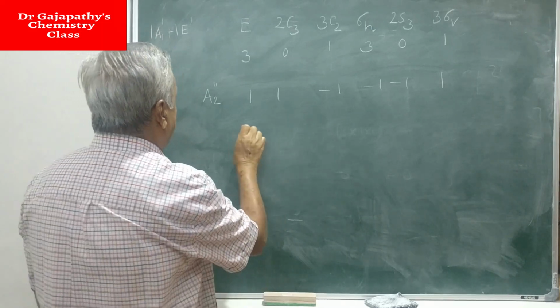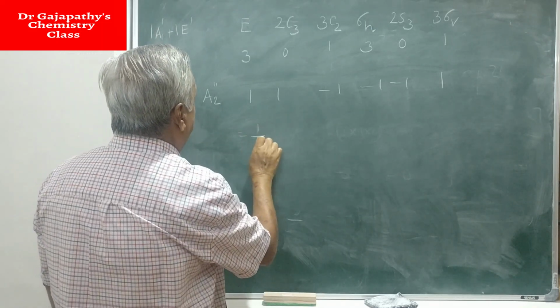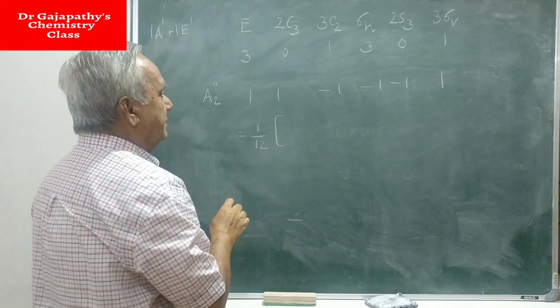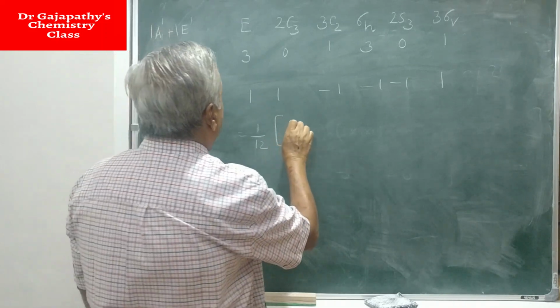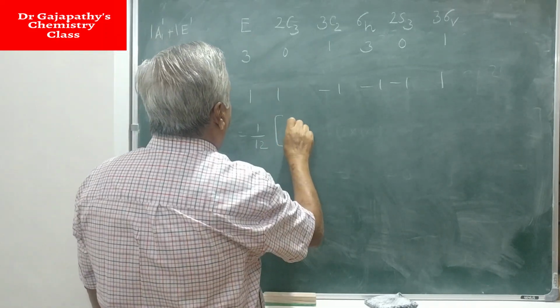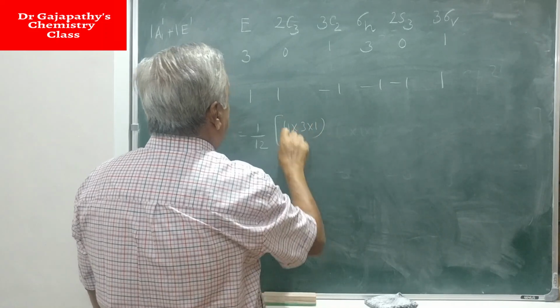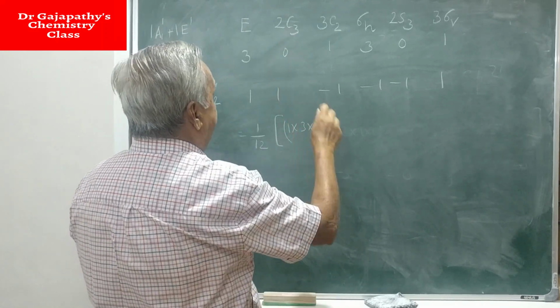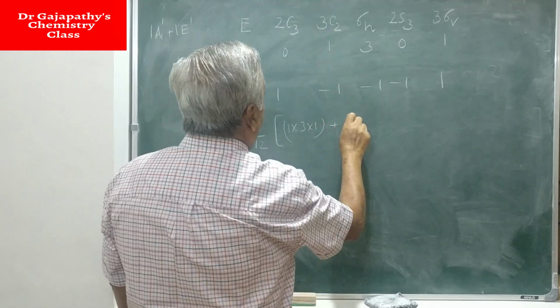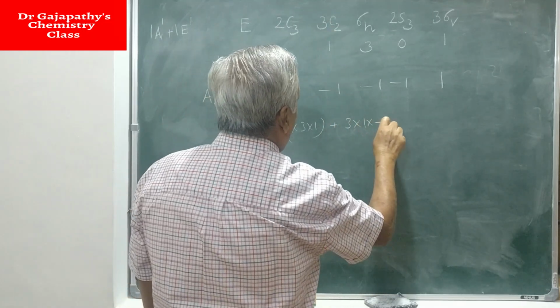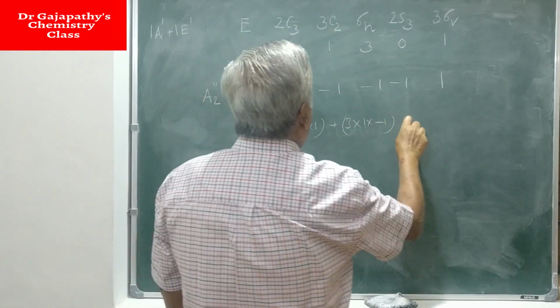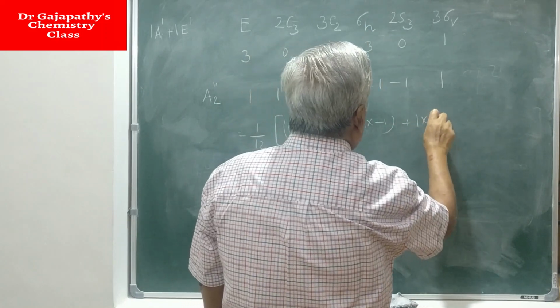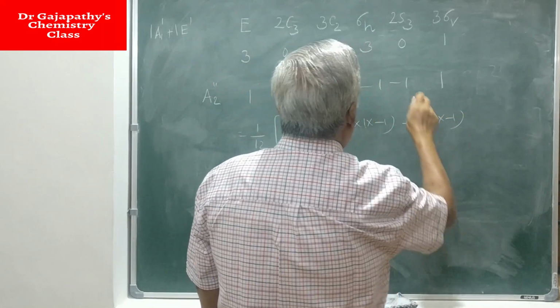So let me calculate now: 1 by 12, 1 into 3 into 1. This will be 0, I leave it. 3 into 1 into minus 1, plus 1 into 3 into minus 1.